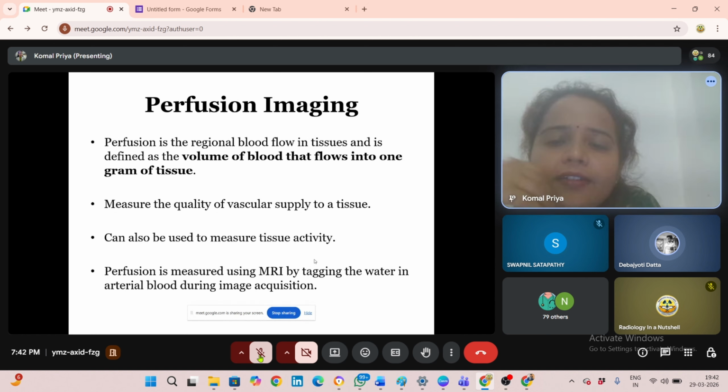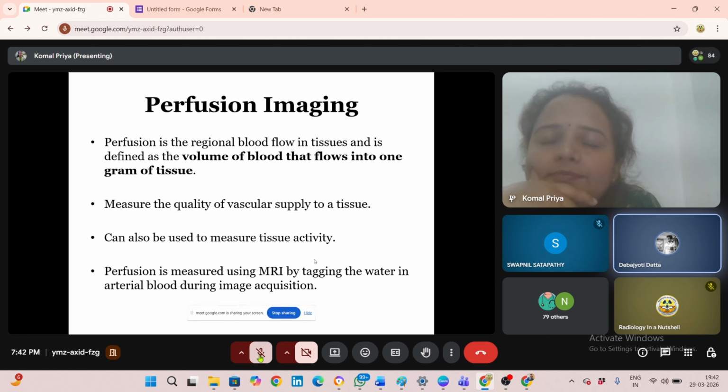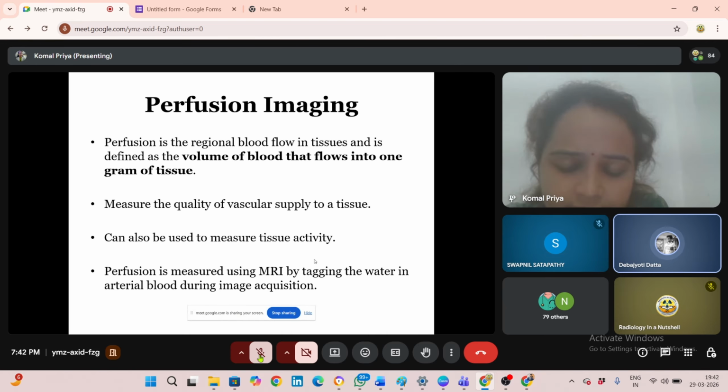The hydrogen atoms are randomly aligned, and after the external magnetic field they are in a linear formation. Then when we apply the RF pulse, or radio frequency pulse, then we generate, what is this called, ma'am?